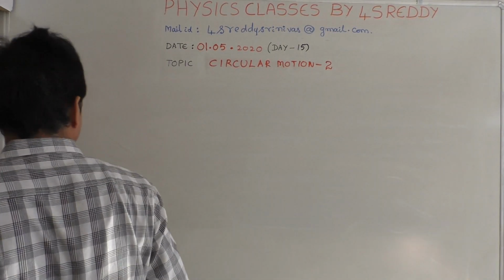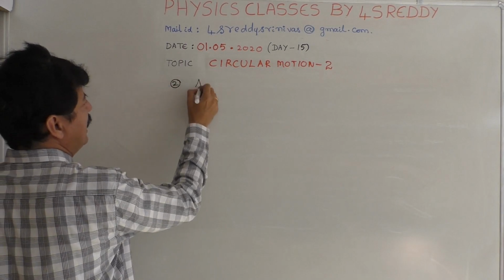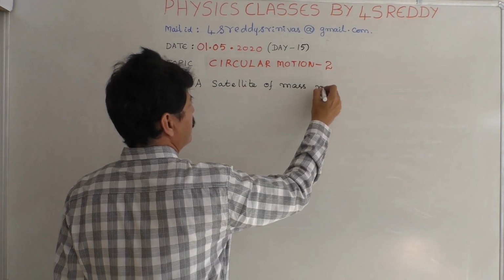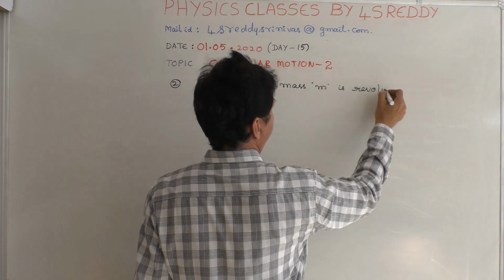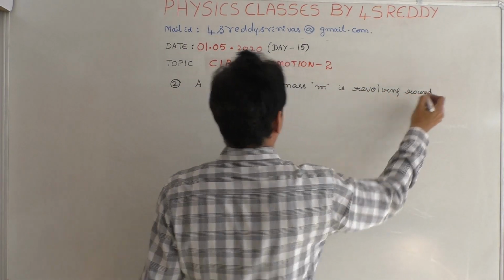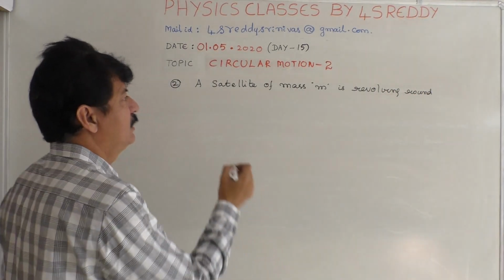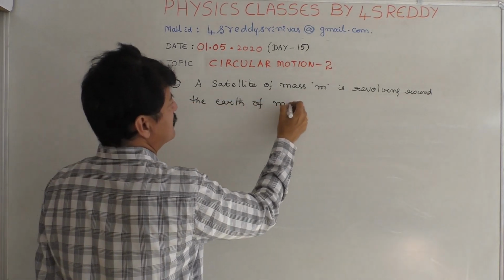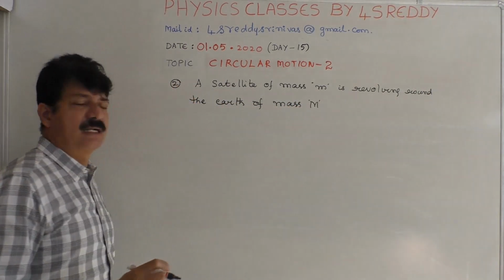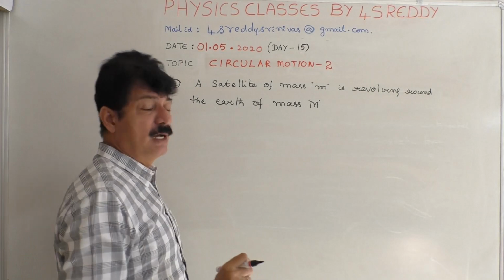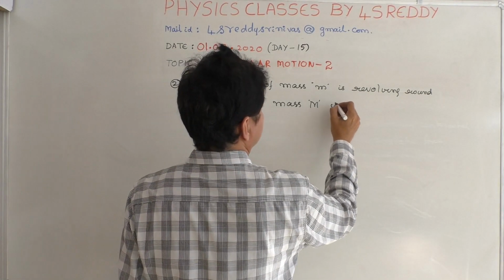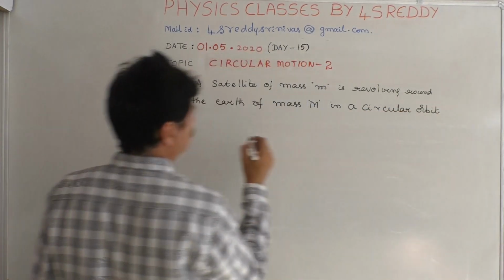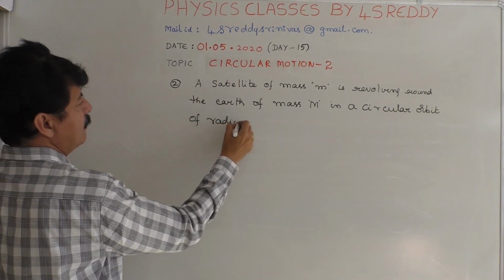The second example that I can give is a satellite of mass small m revolving around the earth of mass capital M in a circular orbit of radius small r.